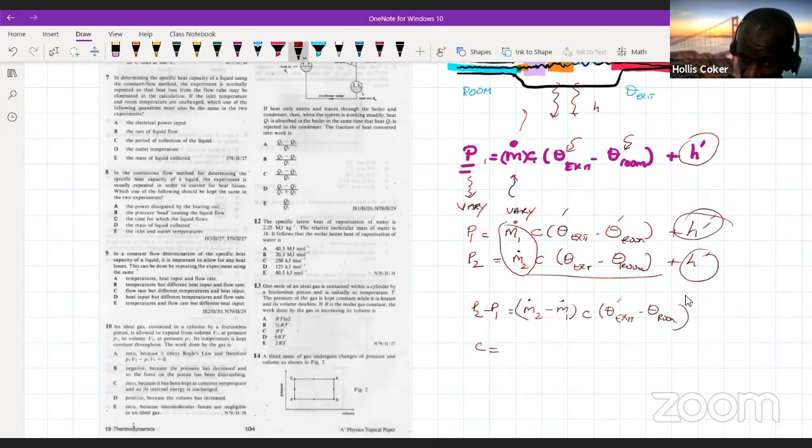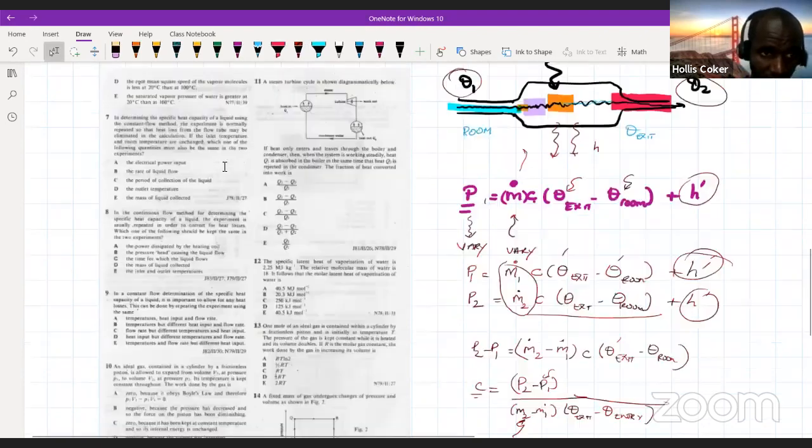And therefore C will be equal to P2 minus P1 all over mass flow rate M2 minus M1 times theta exit minus theta entry. Right? That's basically what happened. Entry is room temperature. So to get C, you need to change the power and the mass flow rate. So that's what the question is asking us.